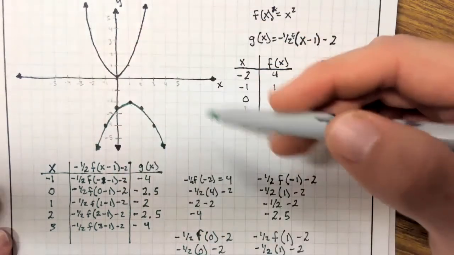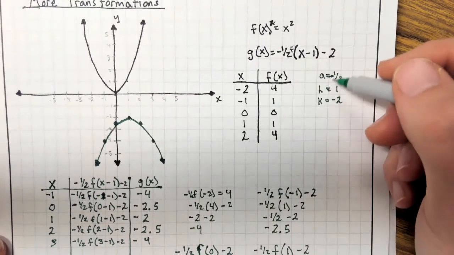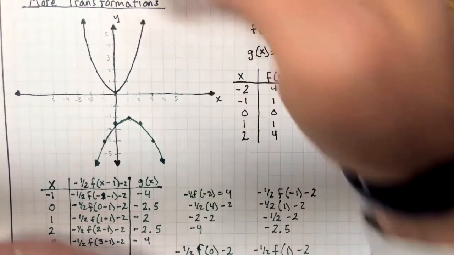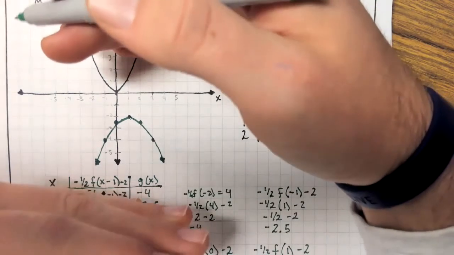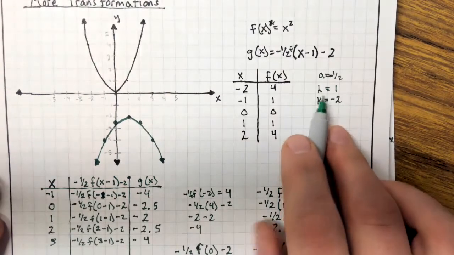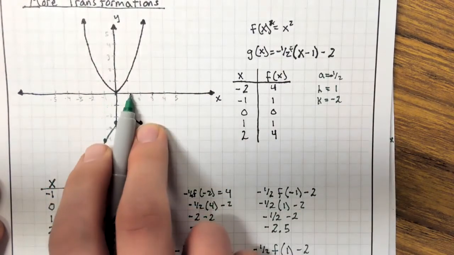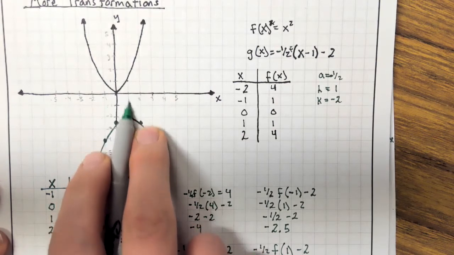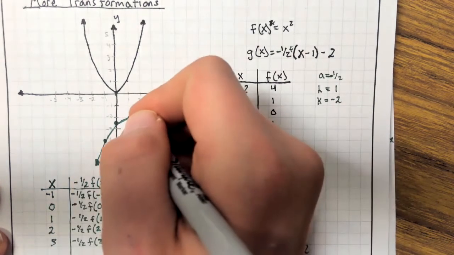It reflects it over the x-axis. The half just means that it shrunk vertically. I'm kind of smashing it this way by a factor of 0.5. The h value of 1 means everything shifted to the right 1 unit. And then the k value of -2 means everything shifted down 2 units. And that's why I have this point here.